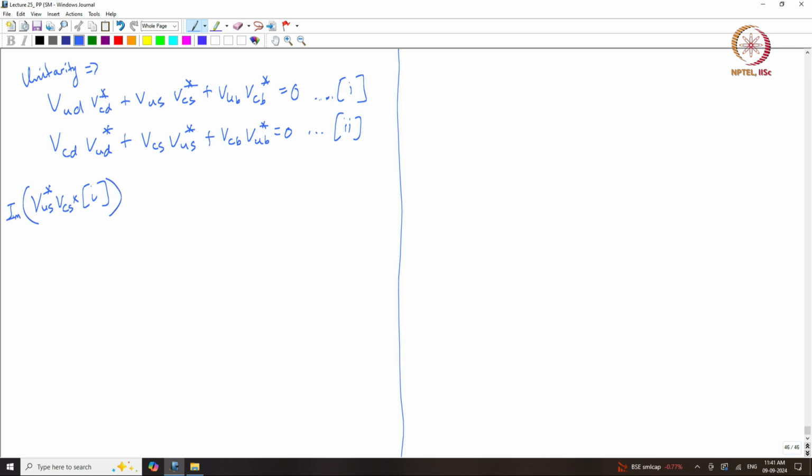What should this be? Obviously, it should be 0, right. The left hand side of this equation is 0.